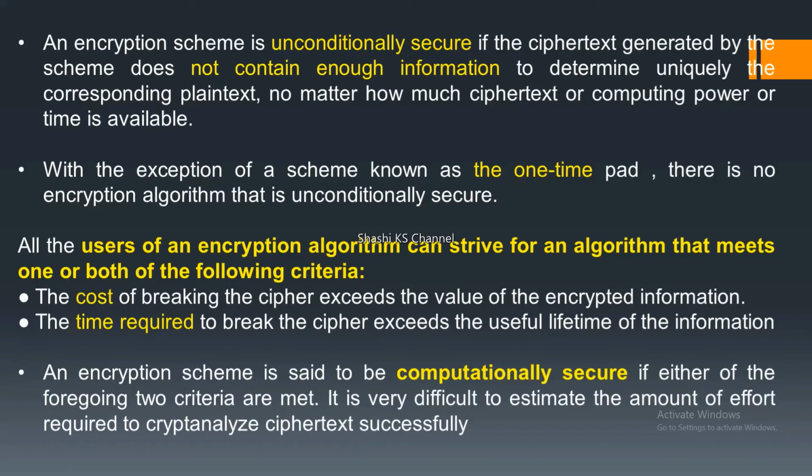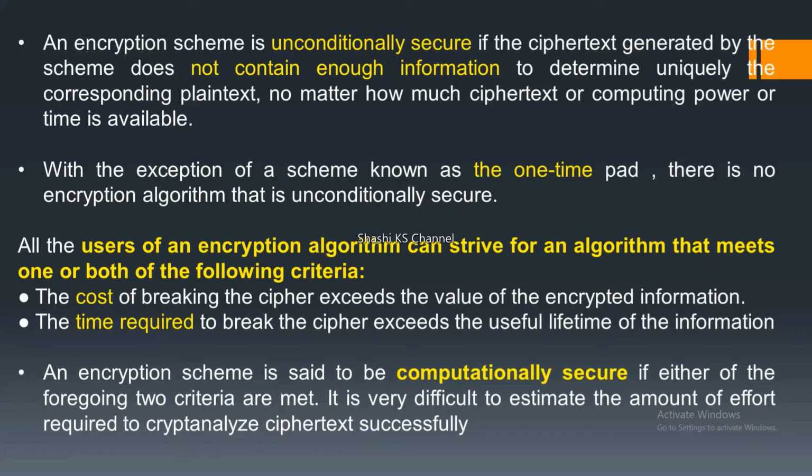So there are two criteria which have to be met by an encryption algorithm. One is that the cost of breaking the encryption scheme must be greater than the value of the encrypted information. The cost must be higher. And the second is that the time required to break the cipher must exceed the useful lifetime of the information. So with this, we get the next definition.